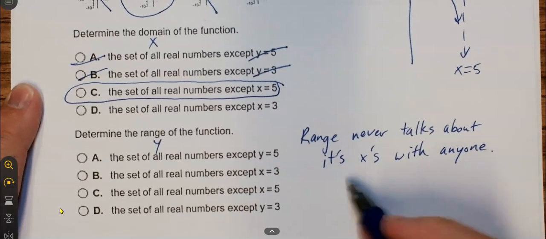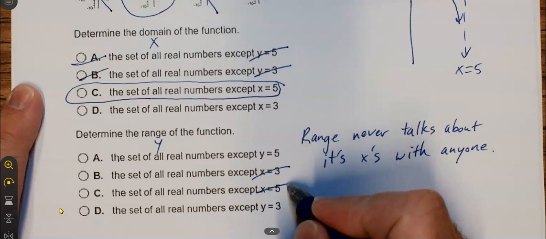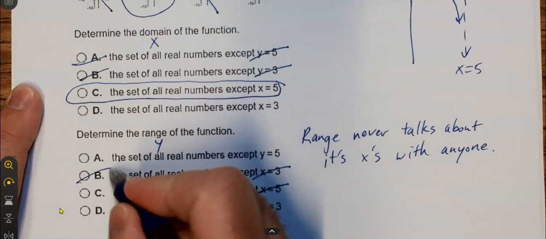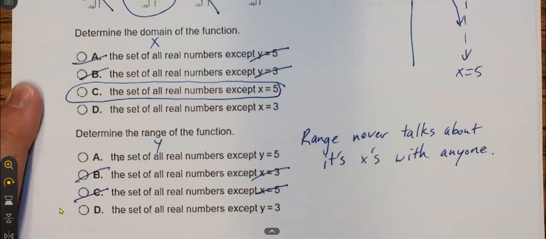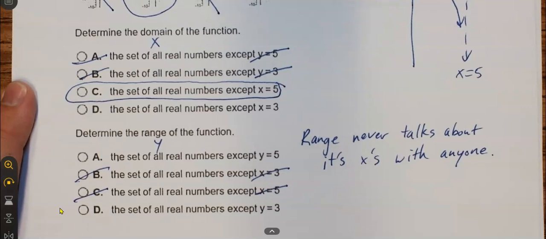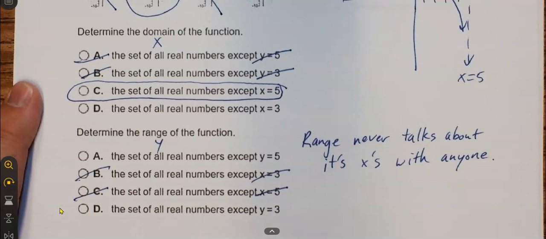So, these two are fake answers. Wrong. Illegal. What do you got? Faux. Well, there's only 2 of them, so I don't know why we call them faux.